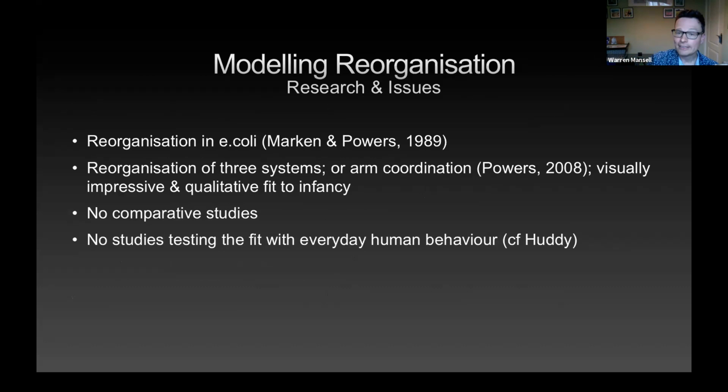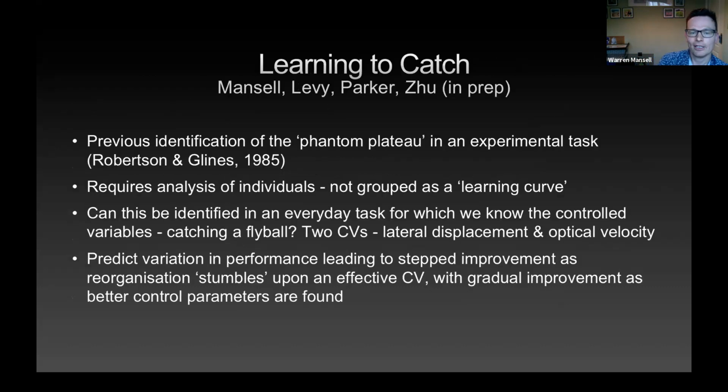Very detailed modelling within Bill's Living Control System 3. But these studies were not tested quantitatively against human behaviour. And so it would be important to look at reorganisation and whether it matches the human system.